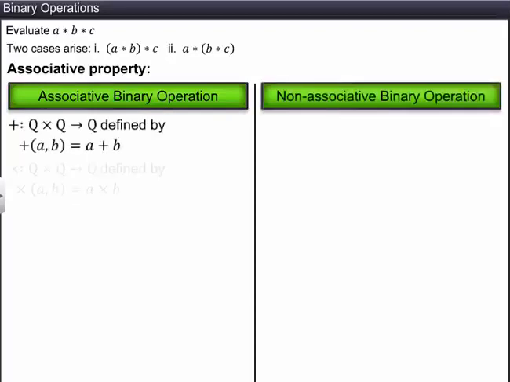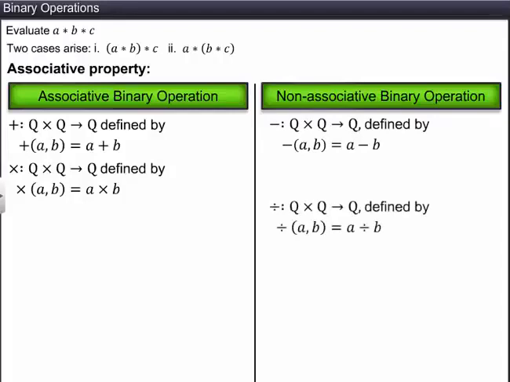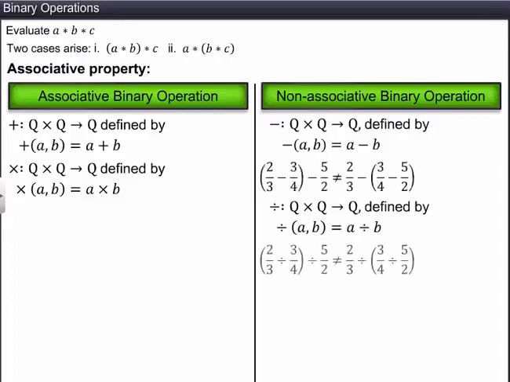Hence, addition and multiplication are associative binary operations on Q. However, subtraction and division are not associative on the set of rational numbers, and hence are not associative binary operations.